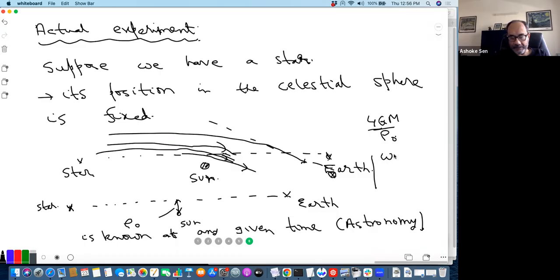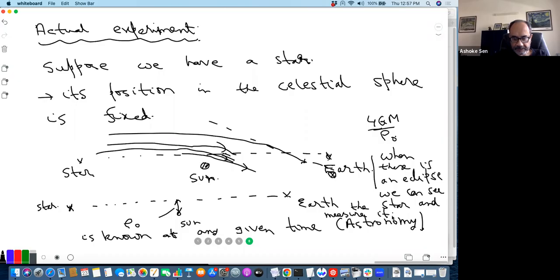When there's an eclipse, we can see the star and measure its apparent position.